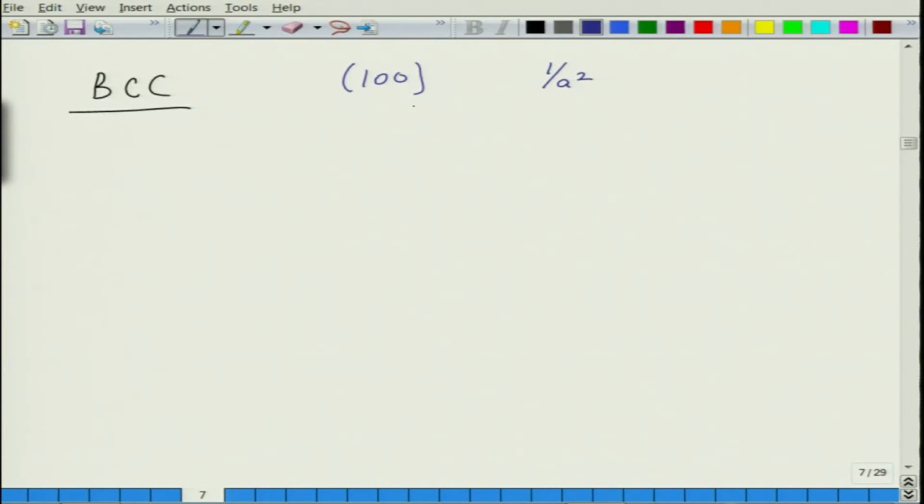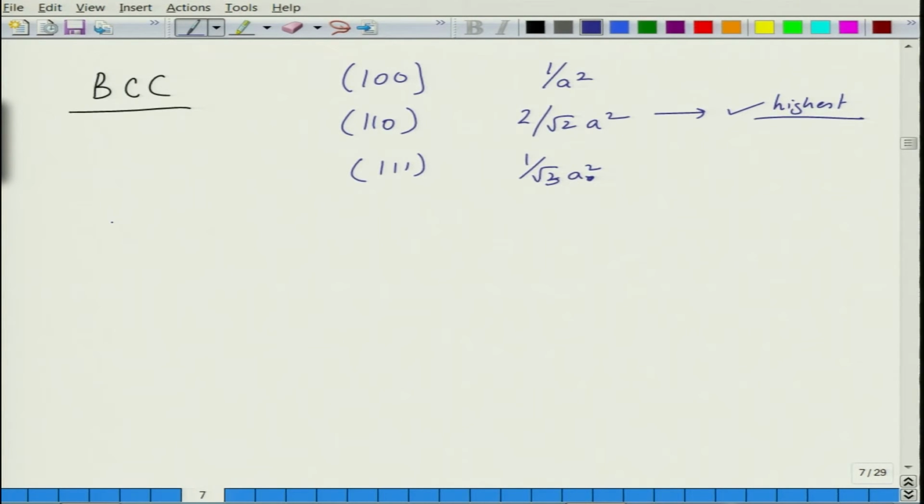And 110 will have a planar density of 2 divided by square root 2 a square, and along 111 it will be 1 by square root 3 a square. Okay. And out of these 3 you can see the maximum density plane is 110, but this is not a closest packed plane, but it has the highest density.